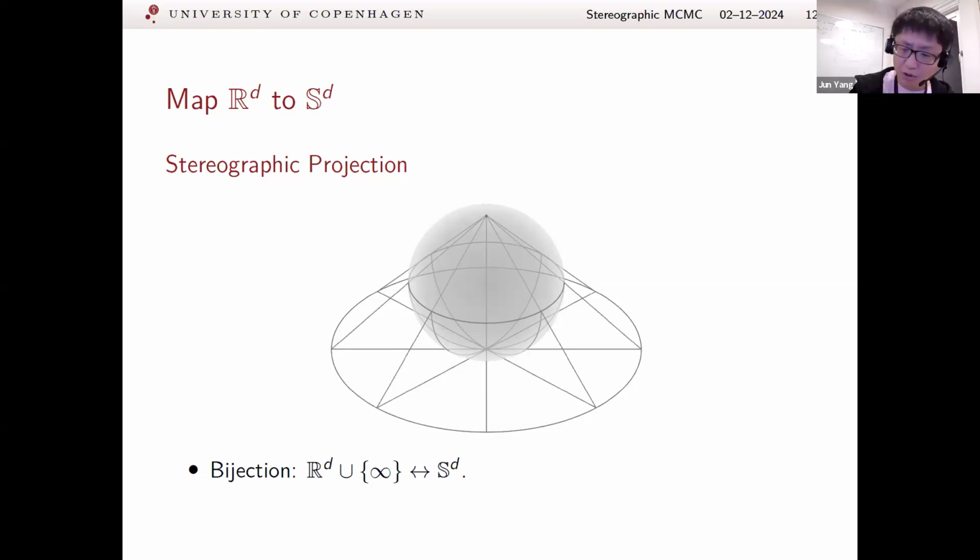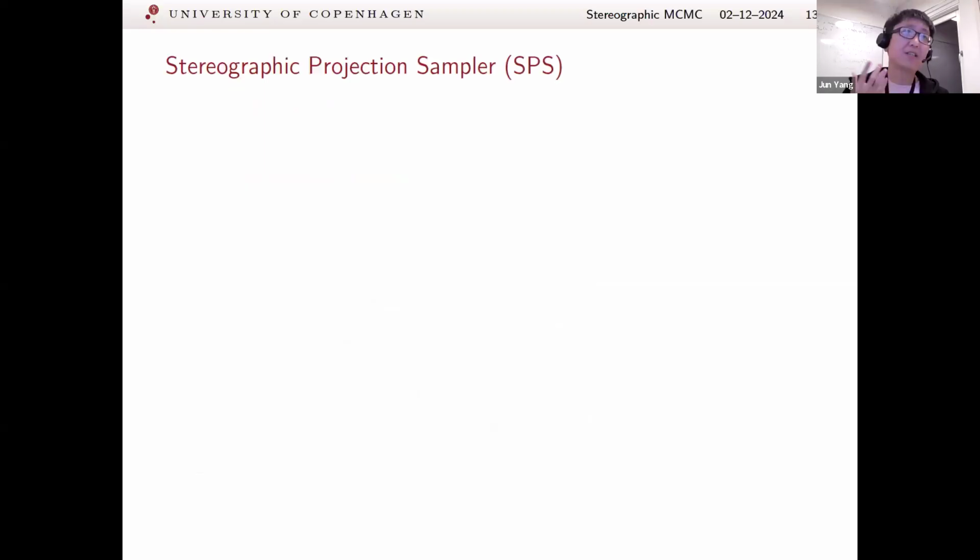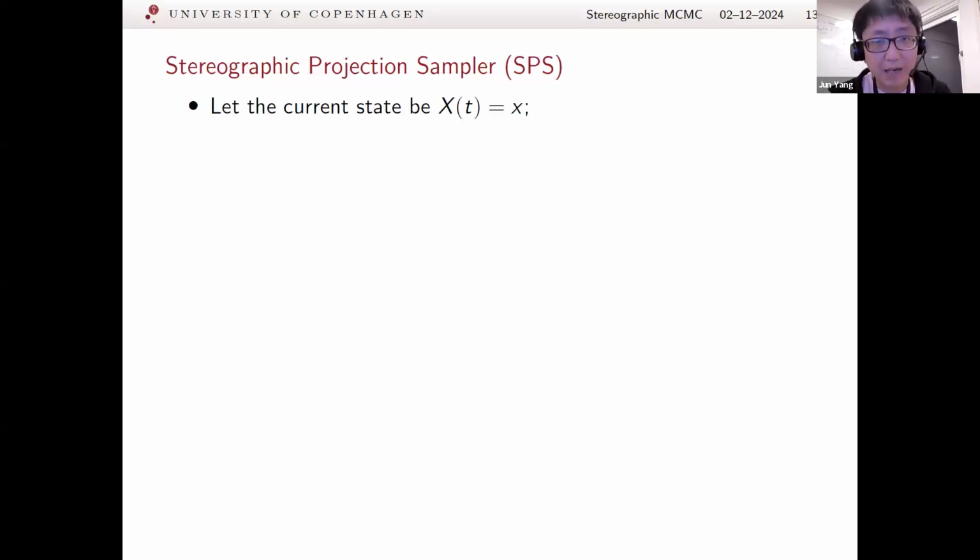Okay, so now I will introduce a new algorithm based on this simple idea I just described. This first algorithm is called the Stereographic Projection Sampler. This is really just a random walk Metropolis algorithm. Imagine my current Markov chain location is small x in the Euclidean space. Then I will propose a random walk proposal. However, I won't propose the random walk in the Euclidean space.